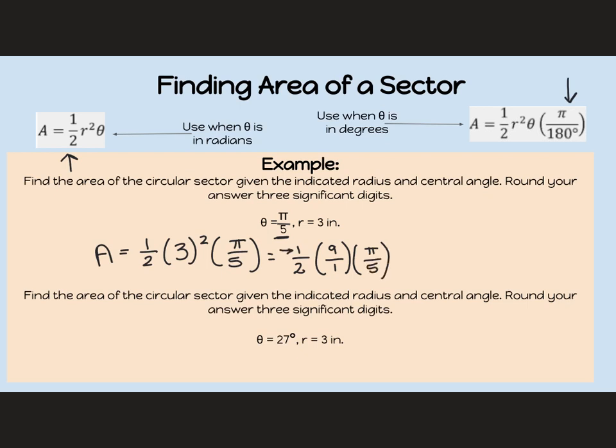So 1 times 9 times pi is 9 pi. 2 times 1 times 5 is 10. If you look up here, it says round to 3 digits. So I'm going to type pi into the calculator. And I get 2.8274. So I'm just going to write 2.827.